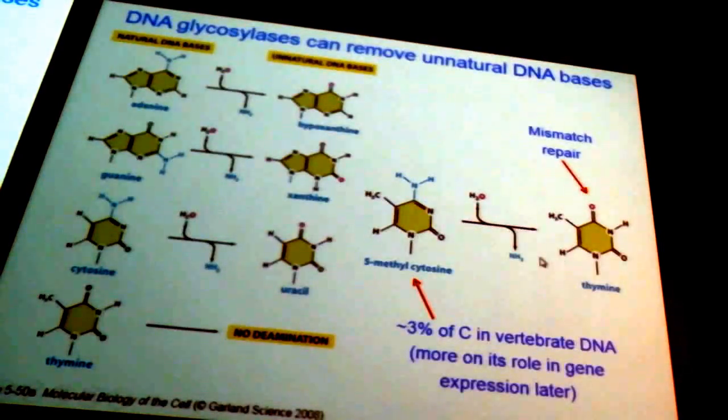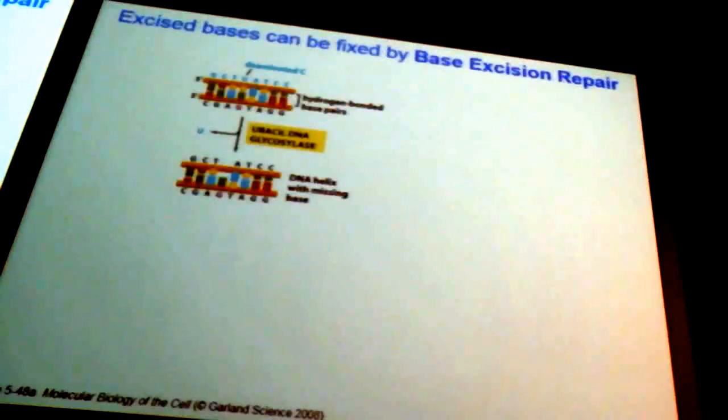So you're going from a normal base to another normal base, yet the base that's on the other strand does not base pair. So there's something that recognizes the mismatch and then fixes it, as we just discussed a few slides ago.